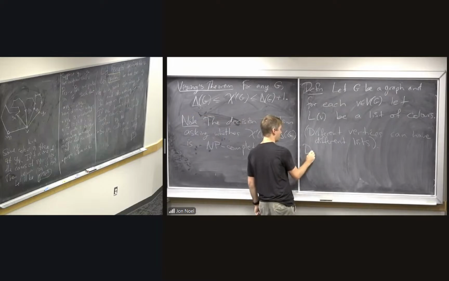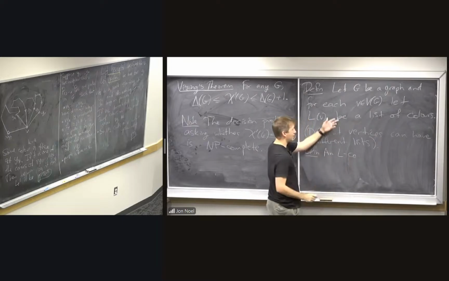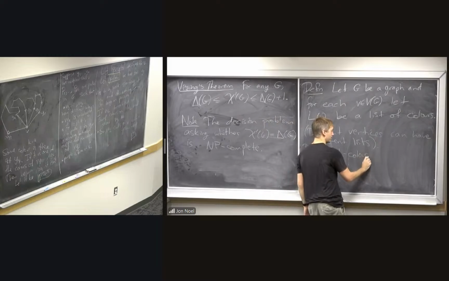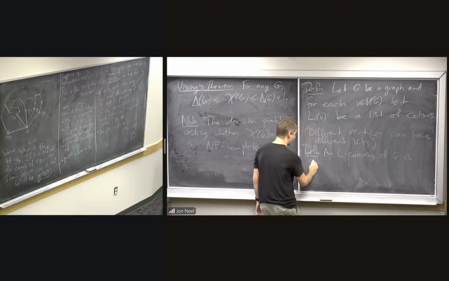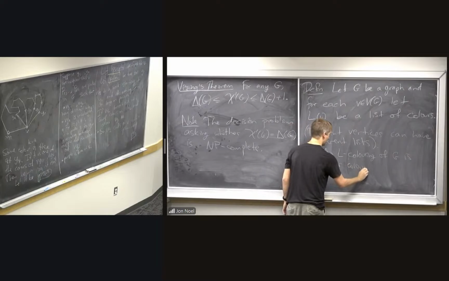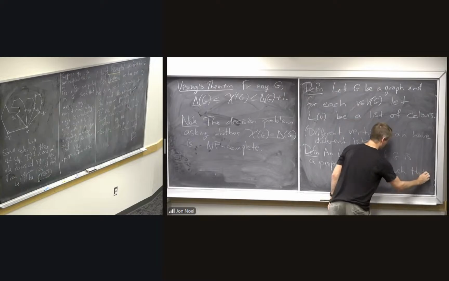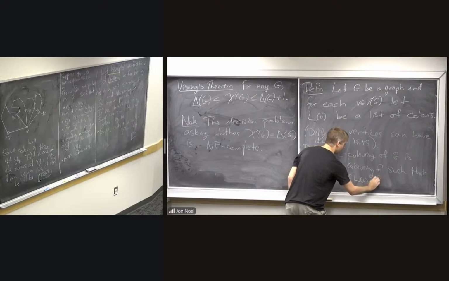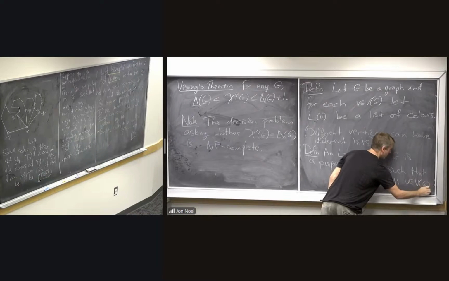So an L coloring, where L is this kind of list, color list kind of function, of G is a proper coloring F such that F of V is in L of V for all vertices V.